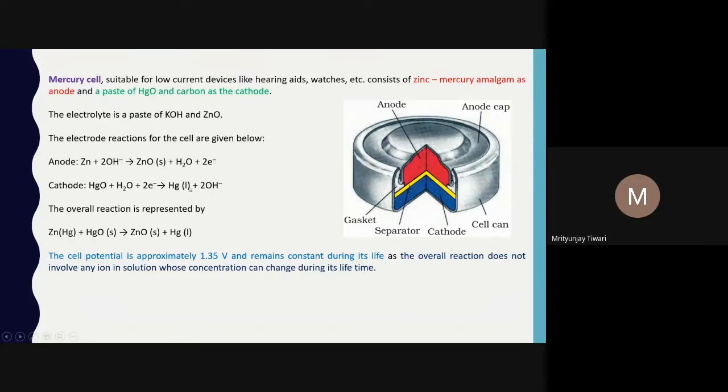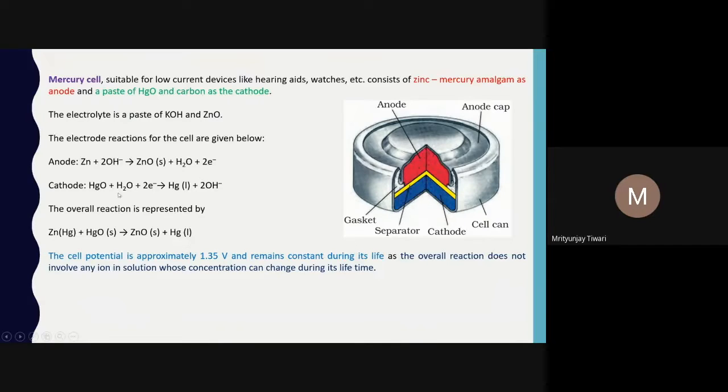So this is mercury liquid, though it looks like a Roman numeral one; the capital letter is I, but this is an L that I have written, so liquid. So at the cathode, HgO reacts with water and 2 electrons, and mercury is reduced to mercury liquid, the mercury metal in its standard form, plus 2OH minus ions.